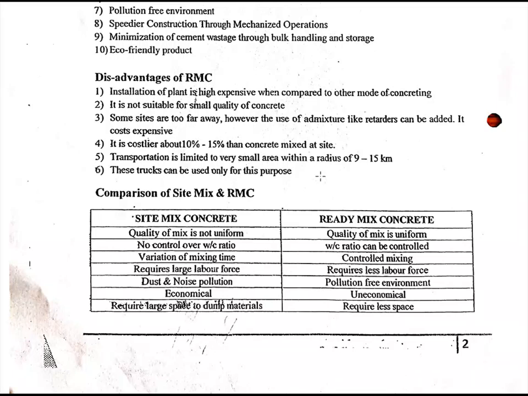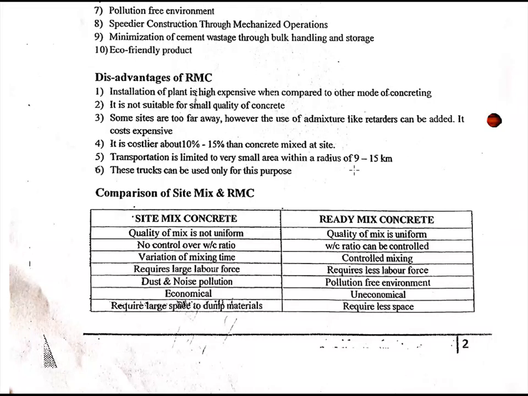The transportation is limited to a very small area within a radius of 9 to 15 kilometers, because if the truck travels a longer distance, the concrete will get hardened, and it will become very difficult to pump the concrete from the mixer to the construction site wherever it is necessary.